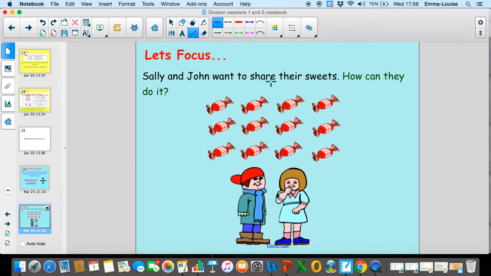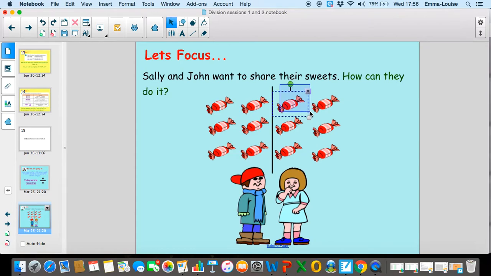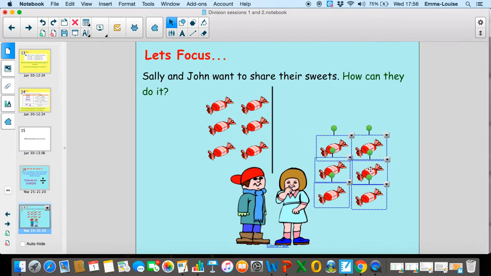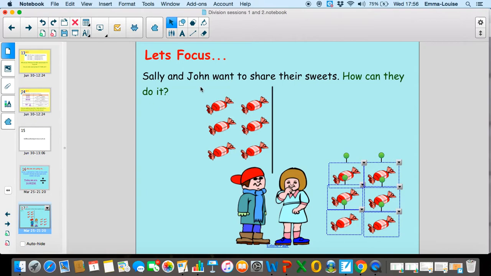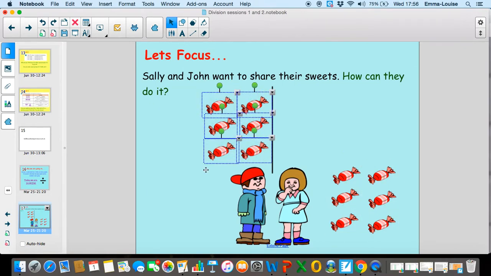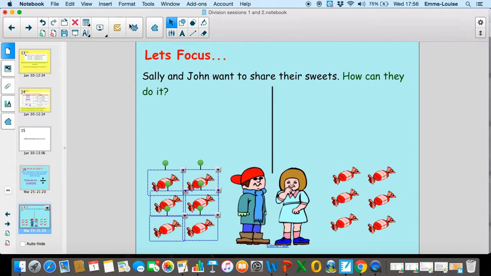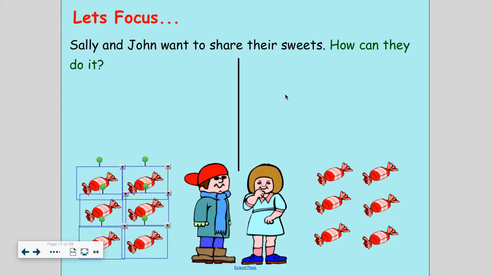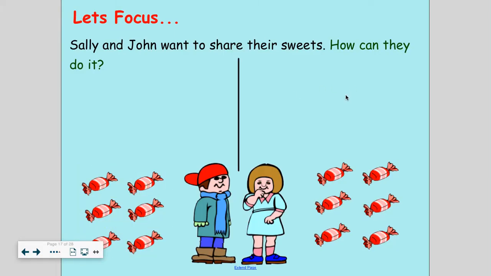But I can also see that if I were to draw a line straight down the middle, both halves look the same. So I also could have shared the sweets very quickly by looking at the array, splitting it down the middle and giving each child their 6 sweets. It depends how well you know your number facts and what patterns you can notice. Either way, we still found the same answer.